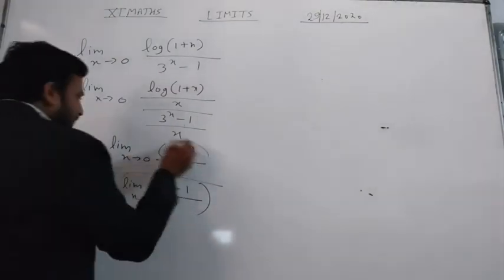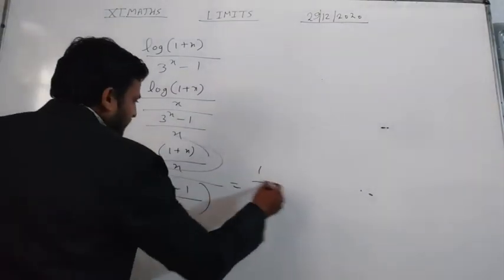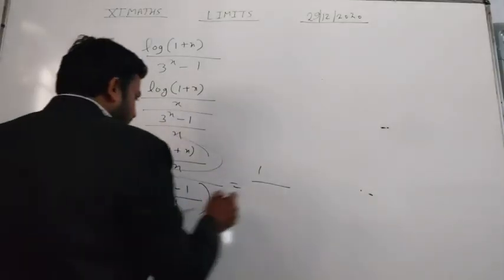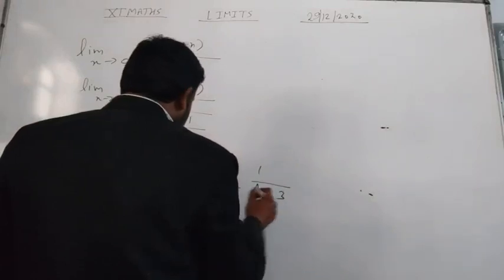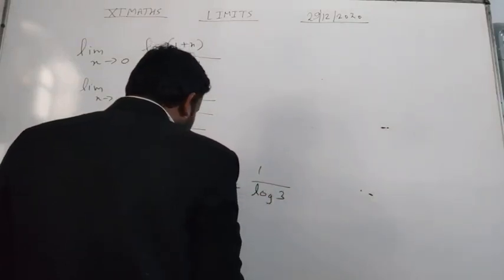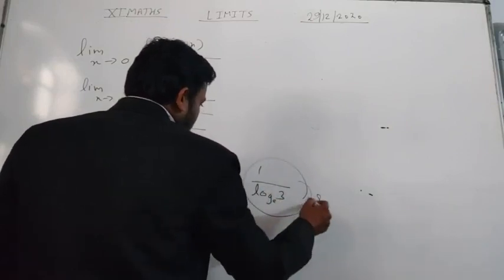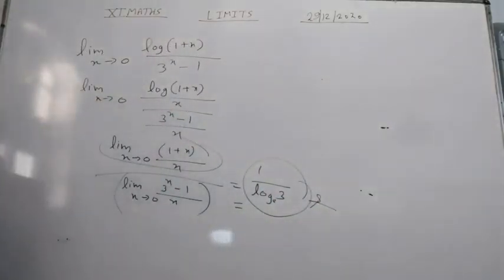So this part student, we can write 1, this is our standard form, and this is log of 3 student. So this will be our required result. Okay, I hope you understand students.